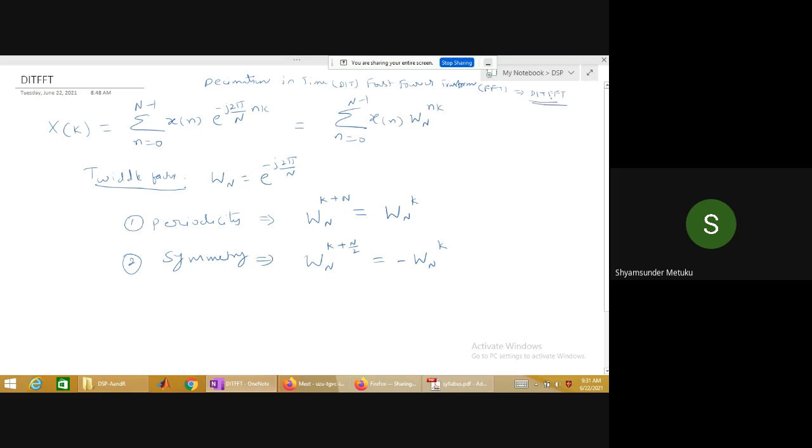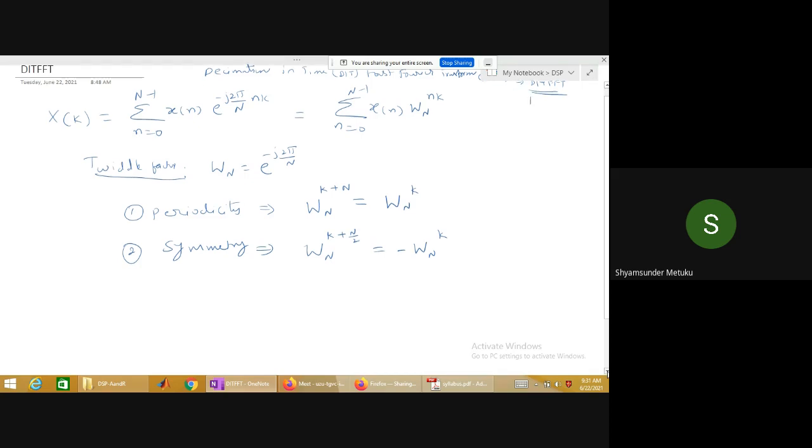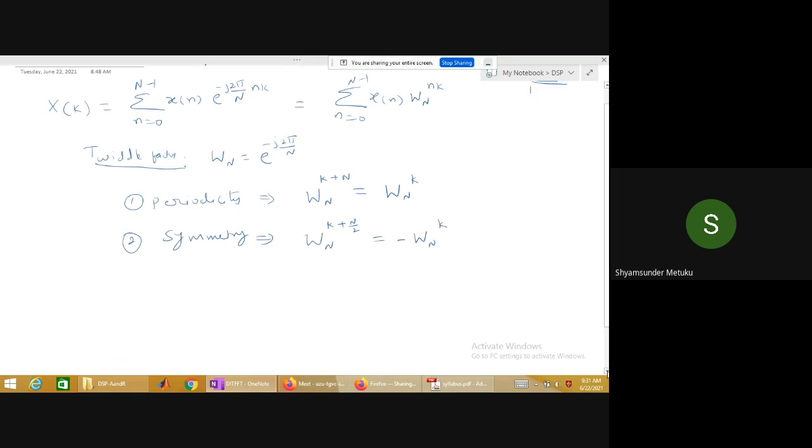Anything is okay? Before I tell you what the name itself indicates: calculating the DFT in a faster manner is called the fast Fourier transform. Both the DFT and the FFT convert x of n into x of k, but the FFT is a little faster. I'll tell you what that means.